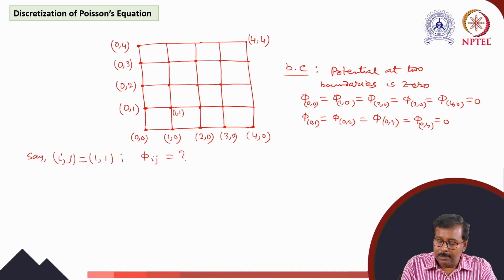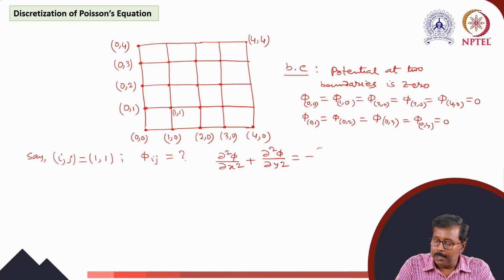We can write the Poisson equation in two dimensions, we know, that is del square phi by del x square plus del square phi by del y square is equal to minus q by epsilon 0 epsilon rs into (p minus n plus nd minus na).